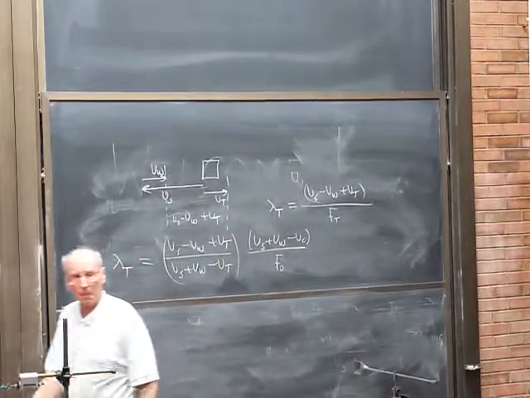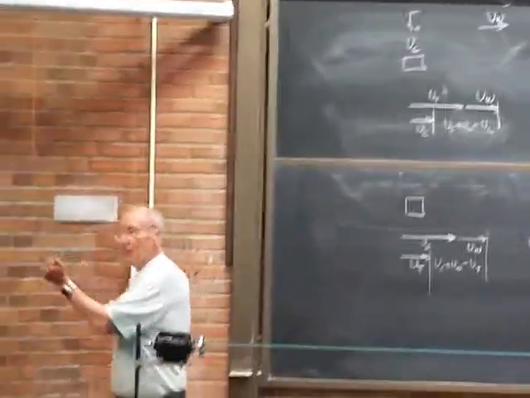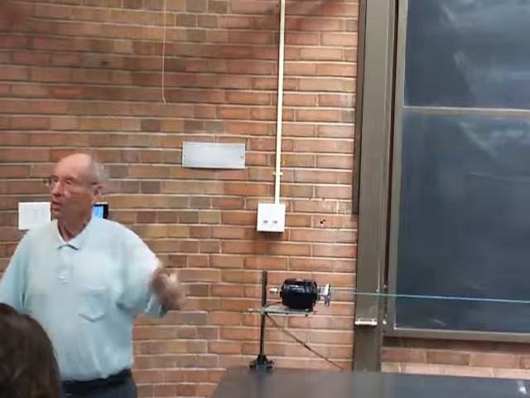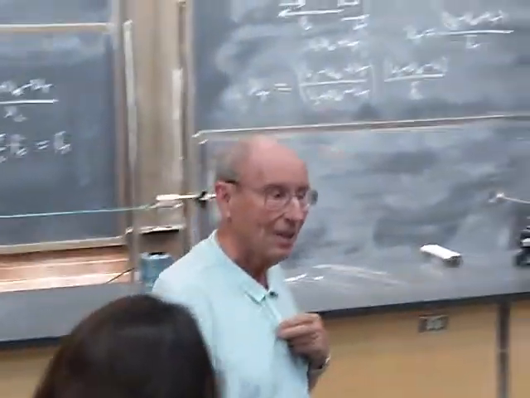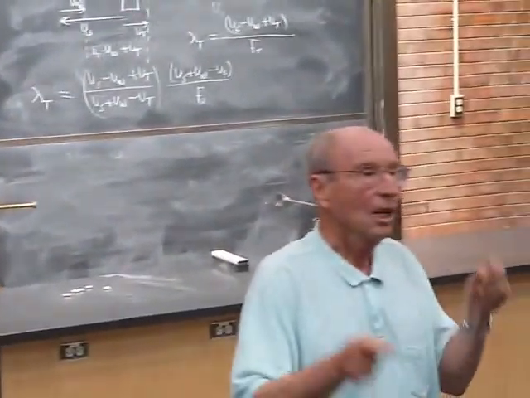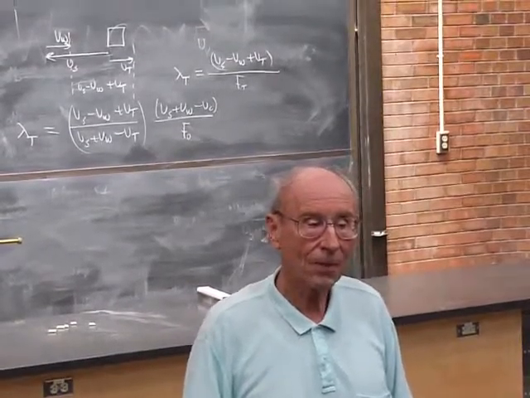So that'll be the wavelength in the air coming back toward the car. Making sense? We're just systematically looking at what happens at each interface.